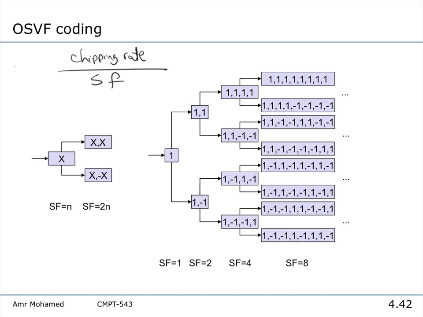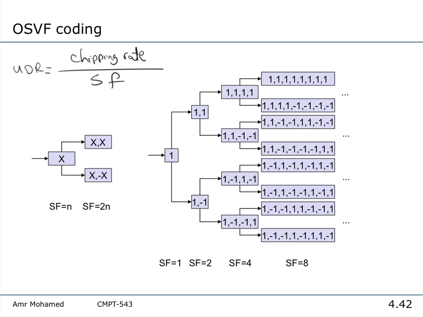This is the user data rate. Okay? So if each bit becomes 2, this means that I will divide the rate by 2, which means that the actual data rate that the user will achieve is 3.84 times 10 to the power 6 divided by 2. Okay? If the spreading factor is 4, then I divide by 4, and so on.